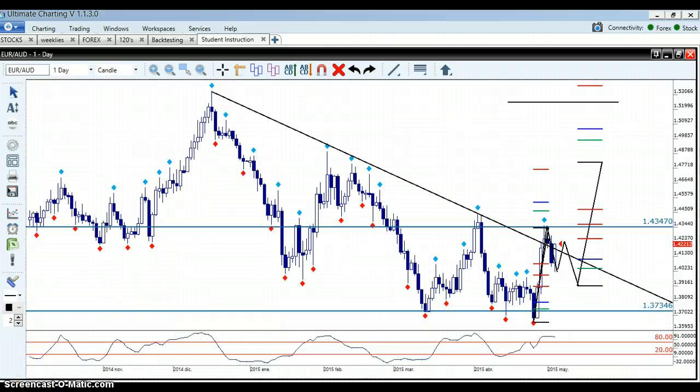Okay, traders, this is the daily chart. These are the blue lines I showed you in the weekly chart, very recent consolidation.